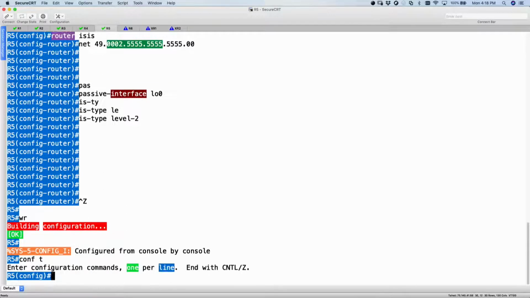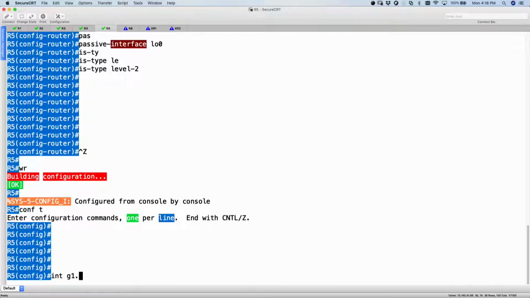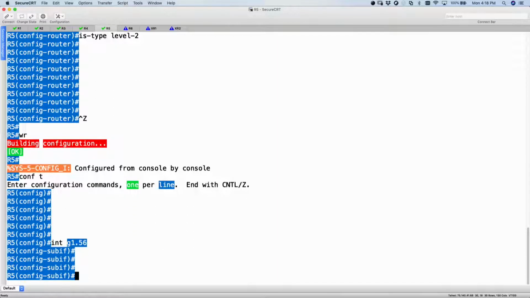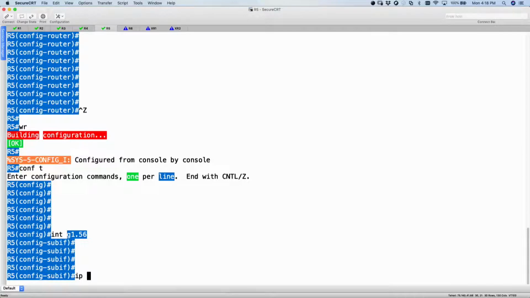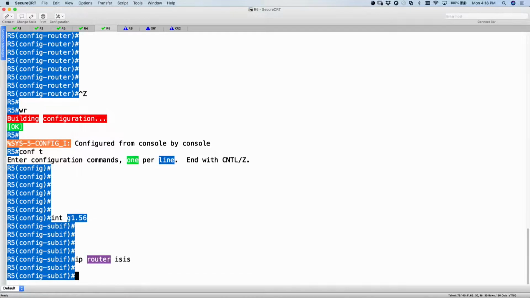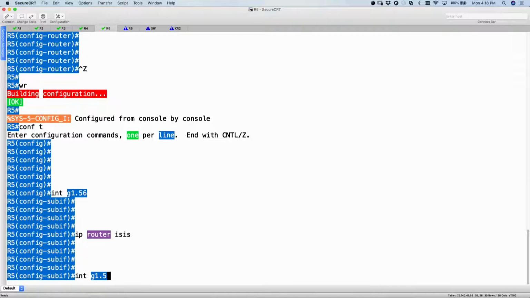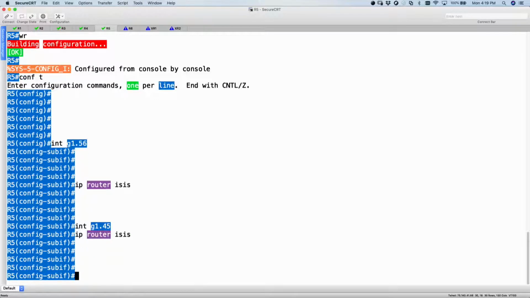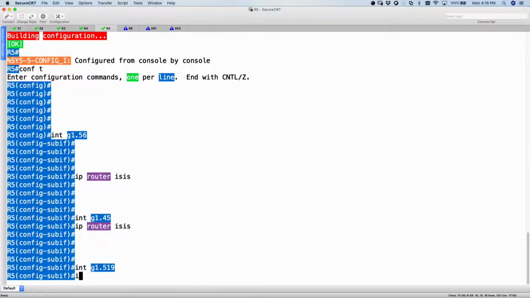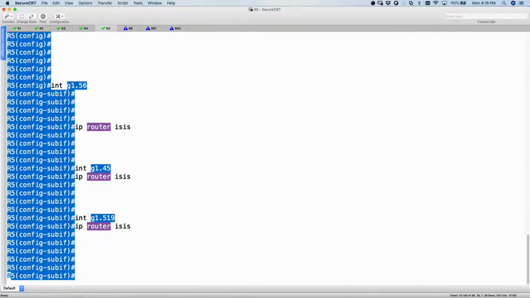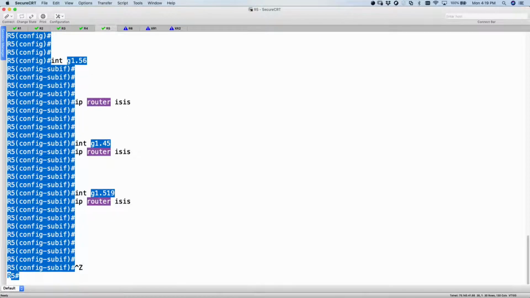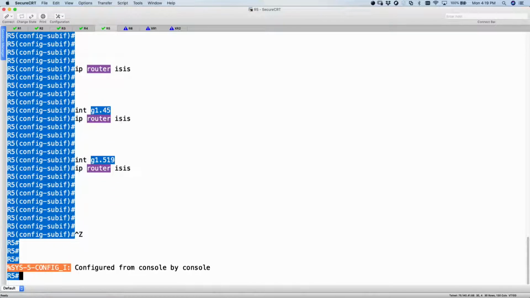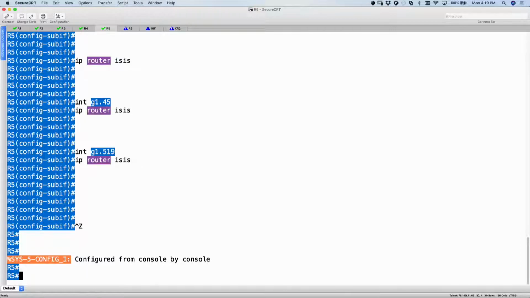Let's also activate ISIS on all its interfaces. So gig 1.56, IP router ISIS, then interface 45, and towards XRV, which was 519, I have ISIS activated. I'm not defining the ISIS circuit type. I have globally changed that to level 2 only.